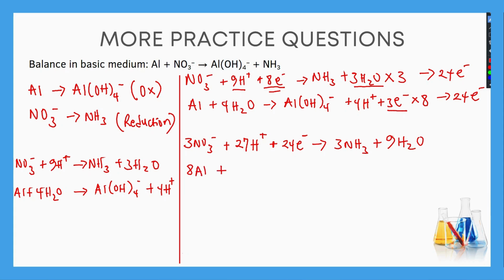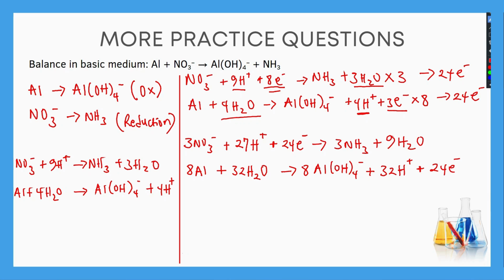Now we have 8Al + 8 multiplied by 4, which is 32 molecules of water, giving us 8Al(OH)₄⁻ + 8 multiplied by 4H⁺, that is 32H⁺, + 24e⁻.